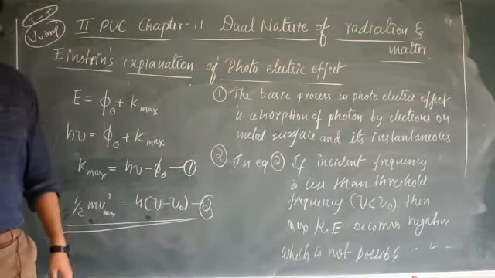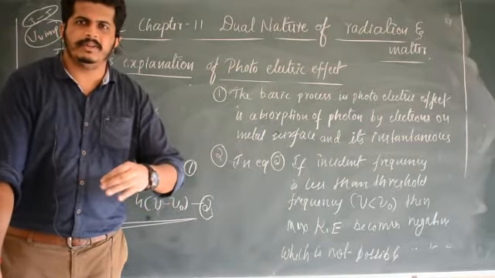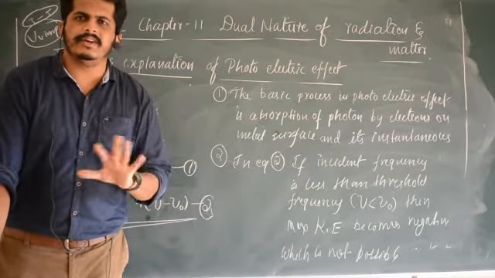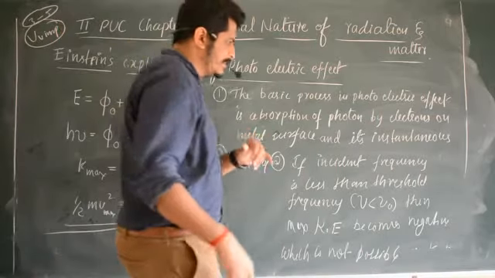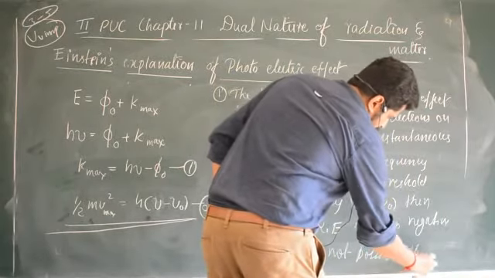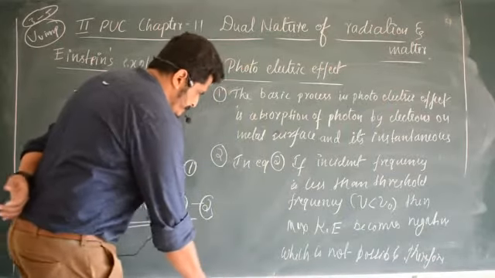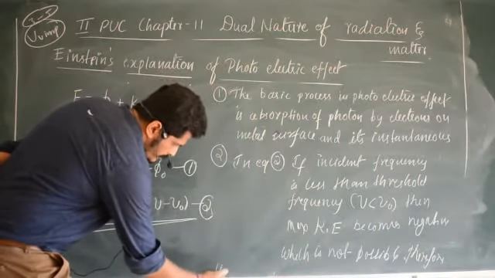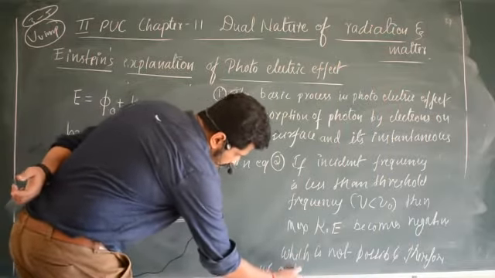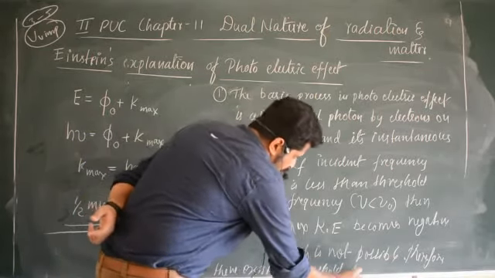Okay, so there is some fixed frequency below which, if any other frequency comes, it means negative kinetic energy, which is not possible. Therefore, there exists a threshold frequency. See how he proved it nicely?